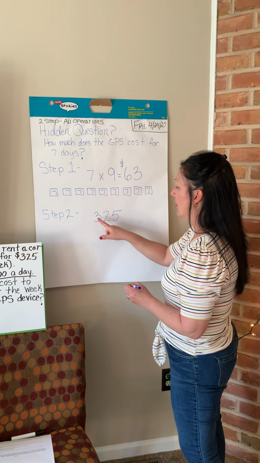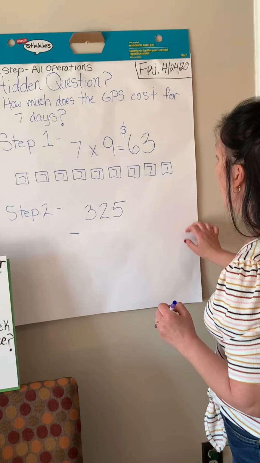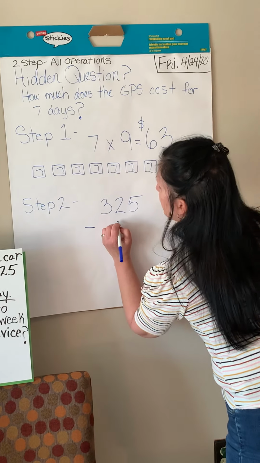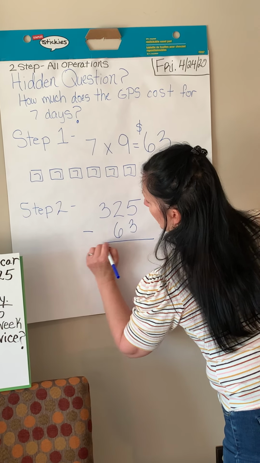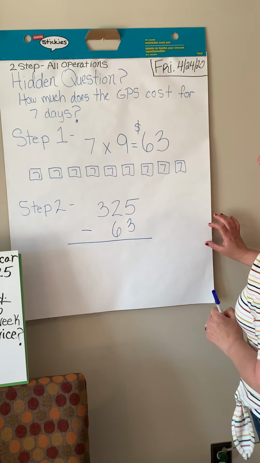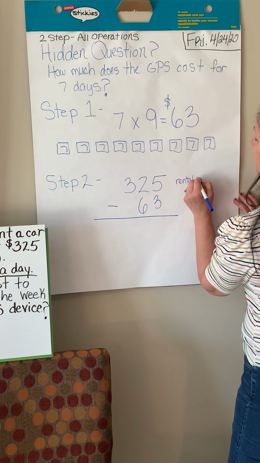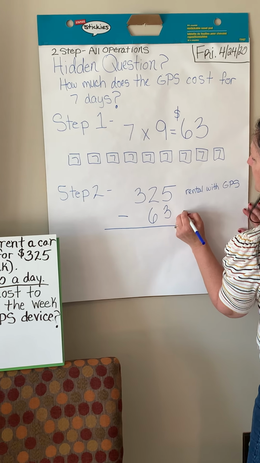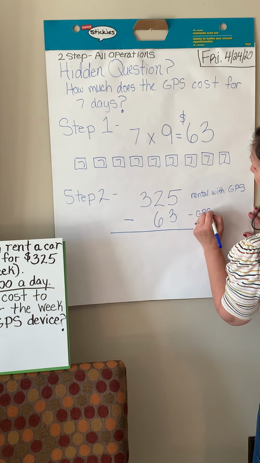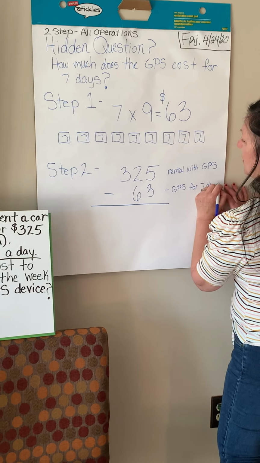We're taking it out of the $325, okay? So we're going to subtract $63 from the $325. So this is the rental with the GPS. And this is the GPS for 7 days. Okay, so we're going to subtract.